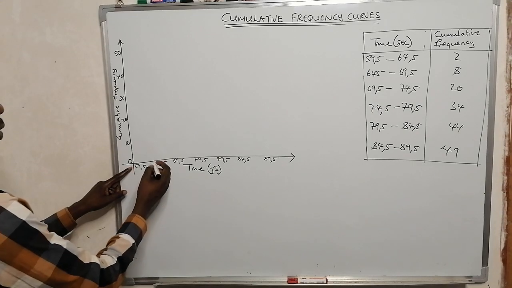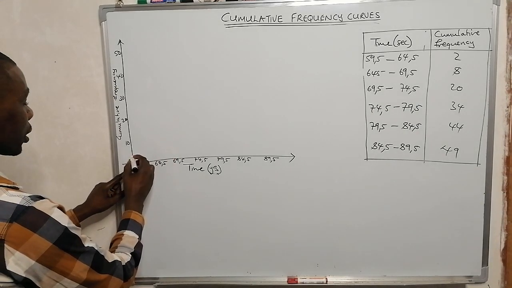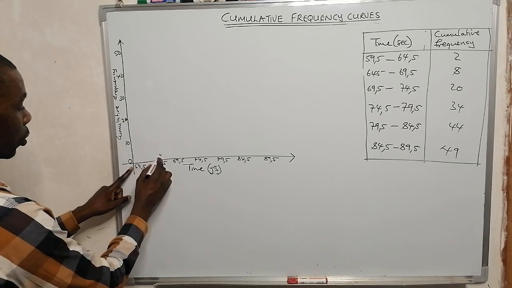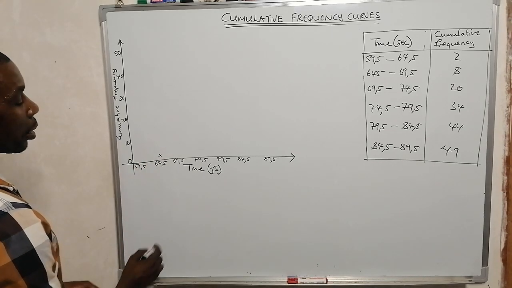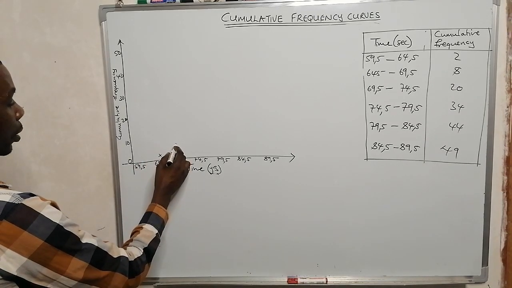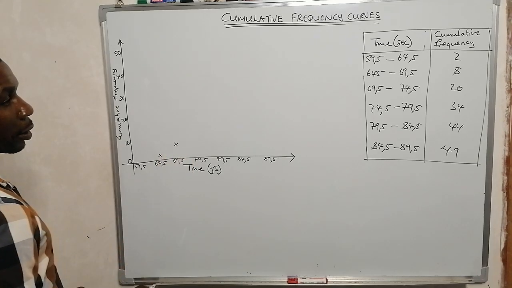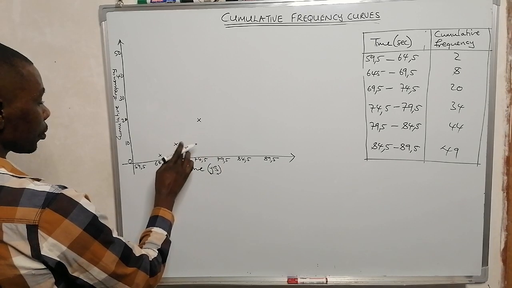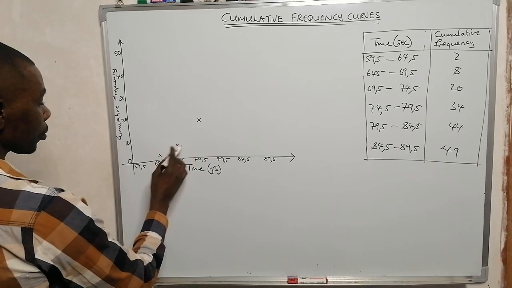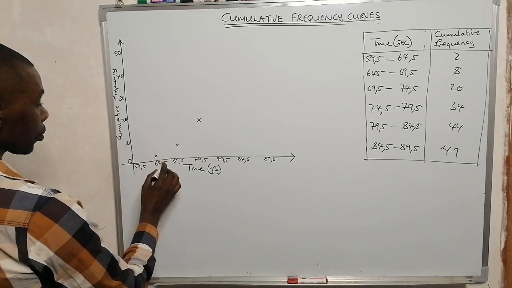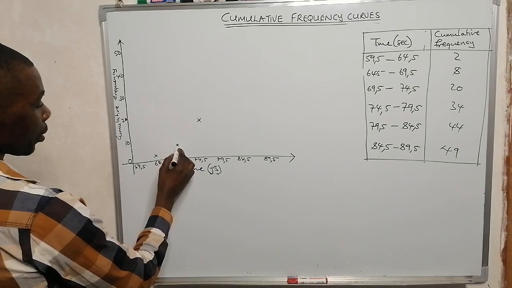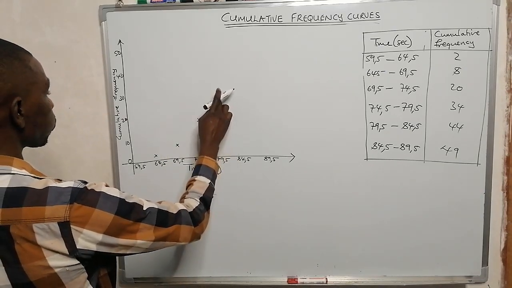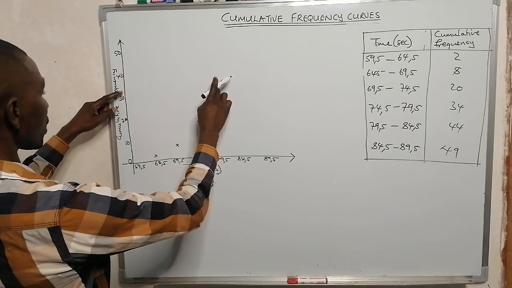Then to 64.5 we have 2 units. Remember, you are going to count 2 boxes here. That's your 2 units. Then 8, we are going to count 8 boxes here. 20, we are going straight to 20. Then 79.5, we are going 34, 4 boxes after 30.